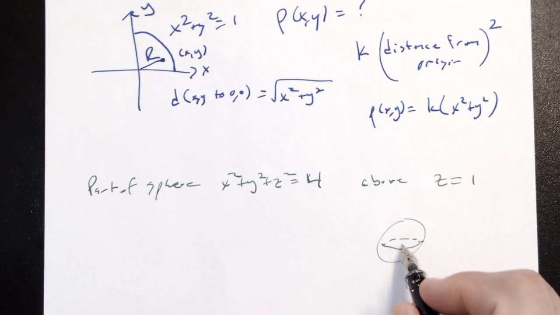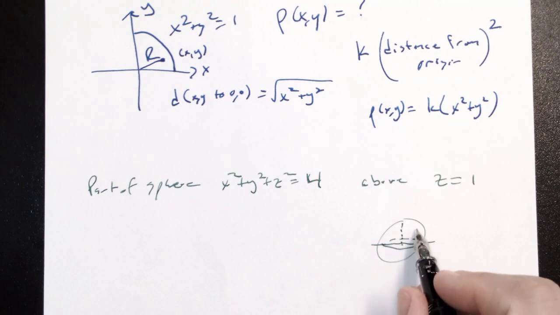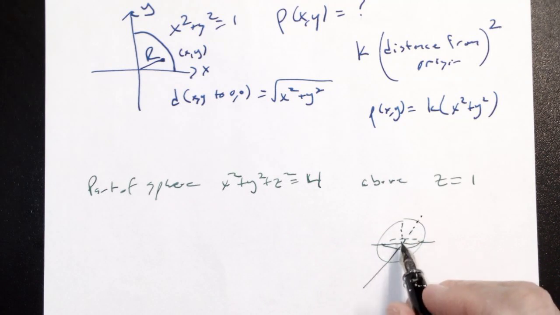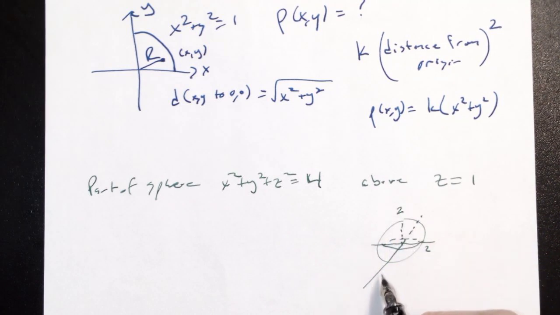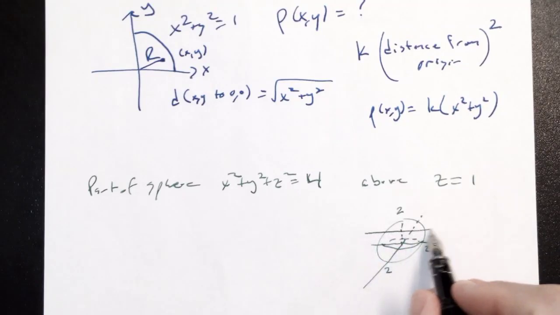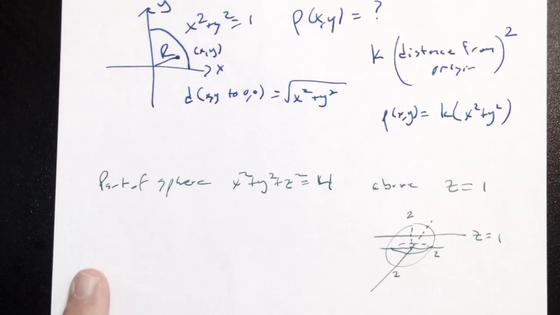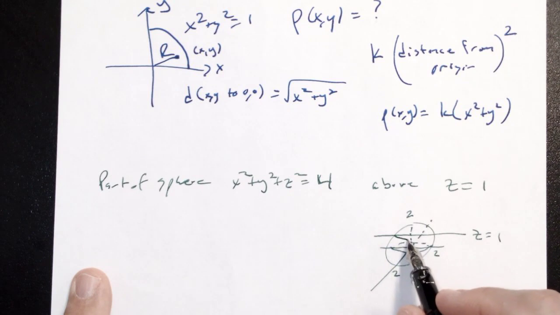So there's my sphere on the coordinate plane, but then I'm cutting it at a height of 1. When you cut a sphere, what shape do you get? Yeah, I'm going to get that little dome top, right? But its edge is going to be another circle, isn't it?